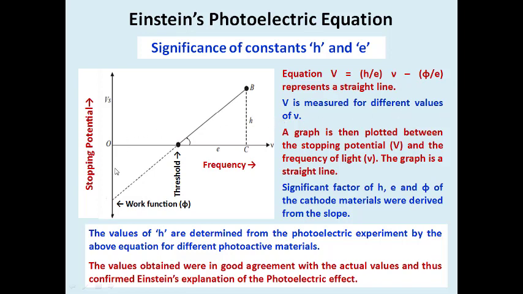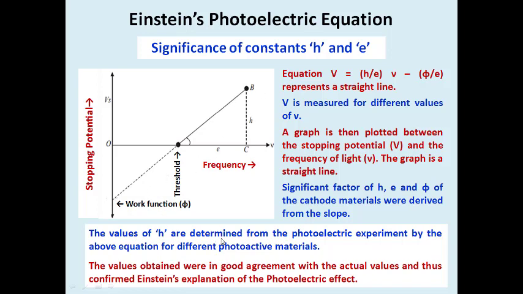The stopping potential is measured with respect to different frequencies, so a graph is plotted between stopping potential and frequency. Using this plot, we can calculate the values of h, e and the work function phi. The significant factors h, e and phi of the cathode material are derived from the slope itself.